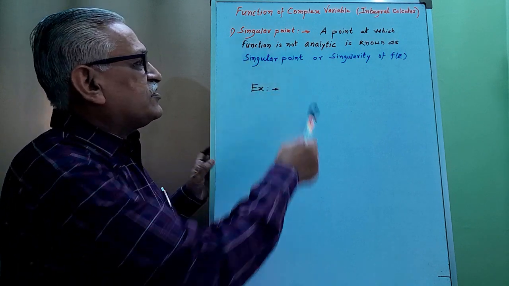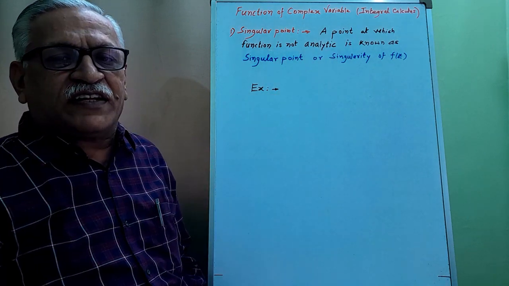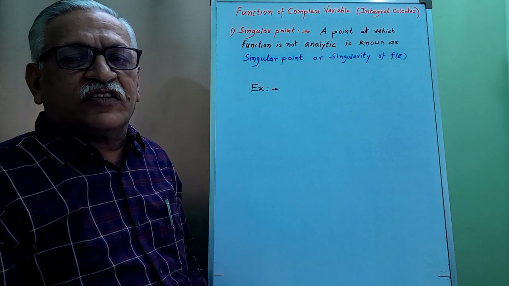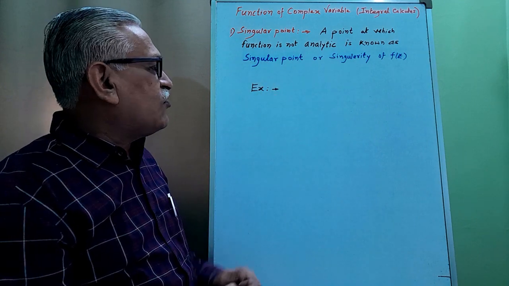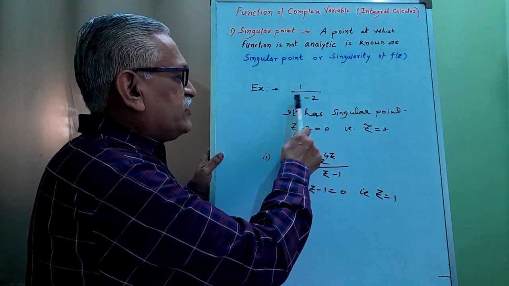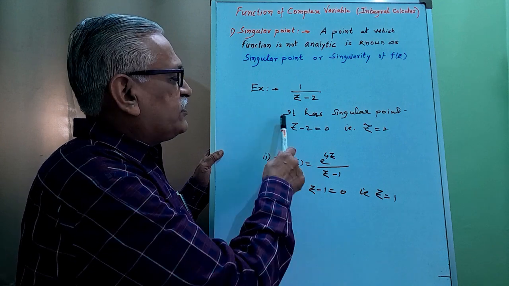The first one, singular point. A point at which a function is not analytic is known as a singular point or the singularity of that function f(z). For example, the first function 1 upon z minus 2 has a singular point.